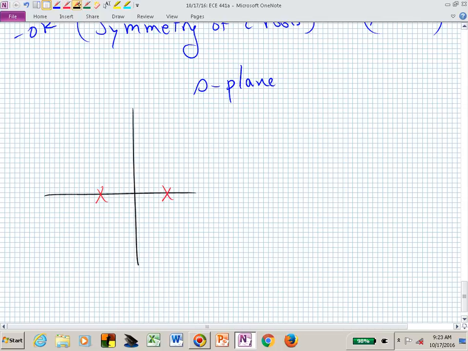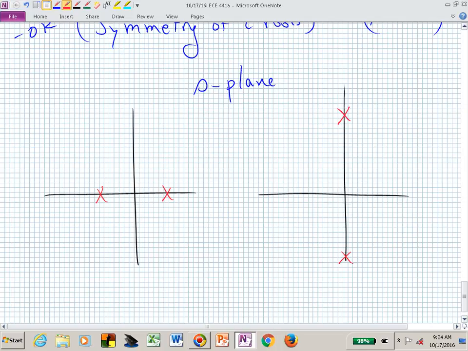Is there another scenario? Don't just think real, think imaginary. So now we could have another case that's symmetric with respect to the origin. So we could have had this picture or that picture.